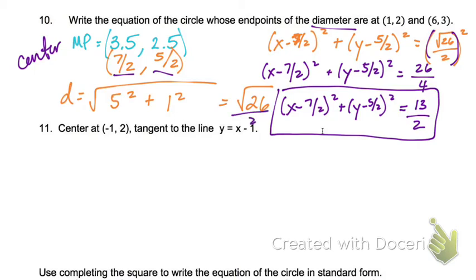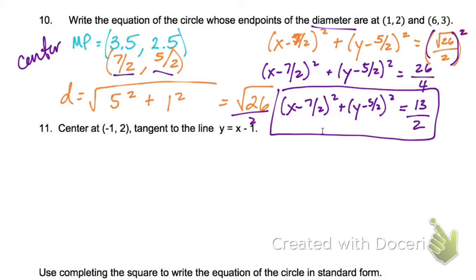Then I divided by 2, because that's the radius, and I put squared out to the side. Now when you square that, you have to square the top and the bottom. So the square root goes away on the 26, and the bottom squared becomes 4. Then I simplified 26 over 4 to be 13 over 2.